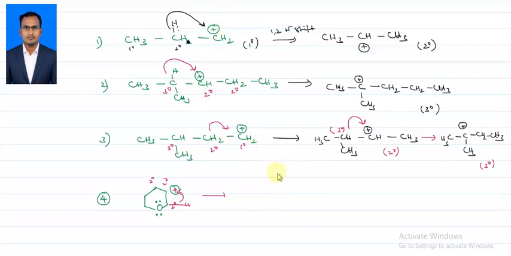Then what is the product formed? Let's see. Here is the positive charge. This is secondary and also resonance stabilized. Hence it is more stable. Like that, rearrangement can happen.